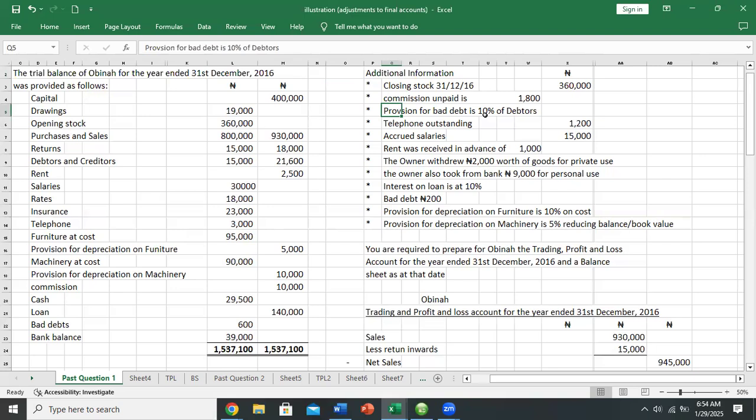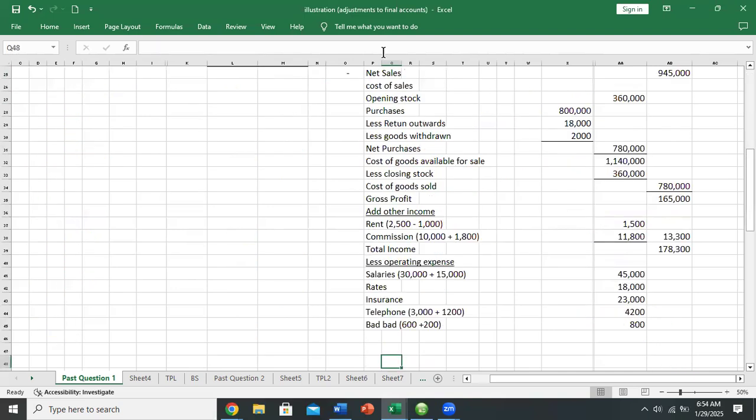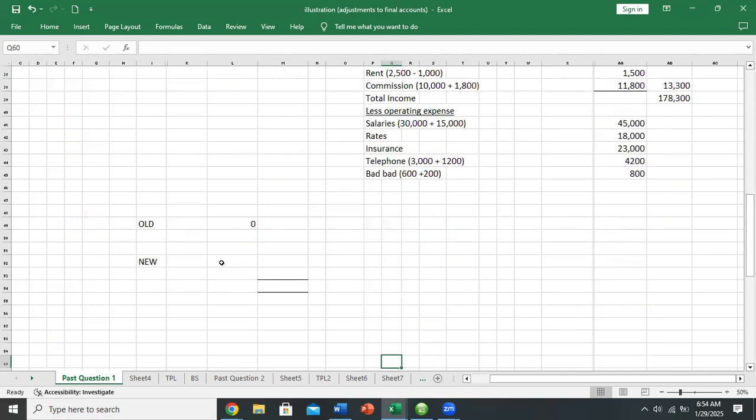What do we have to do? We have to multiply 10% by our debtors figure. But note that debtors figure should be the net debtors figure. So let me indicate that to you. So the new provision is 10% multiplied by our debtors figure.